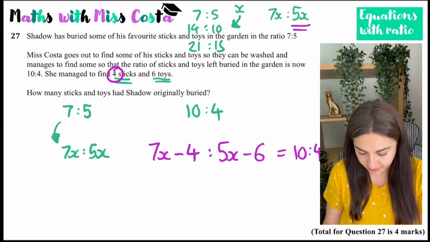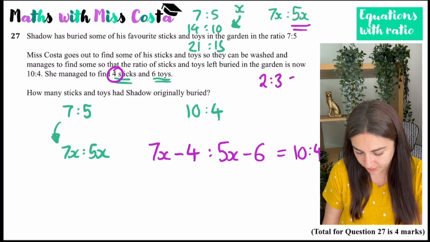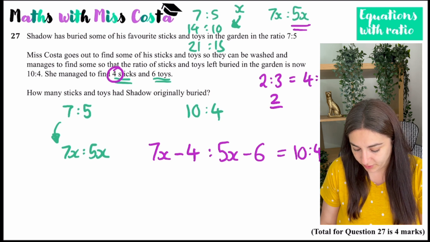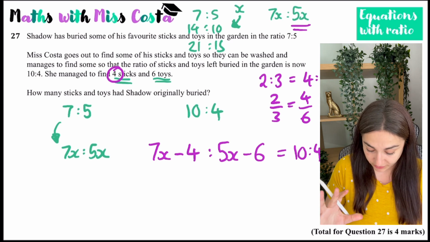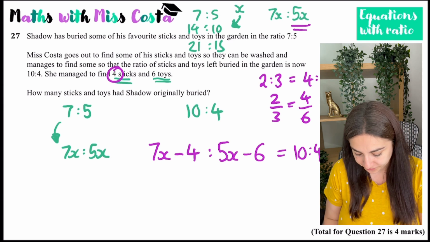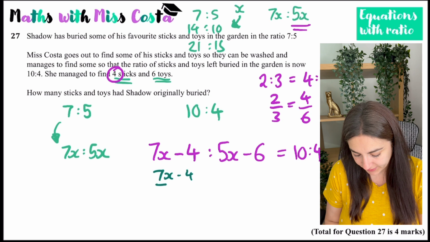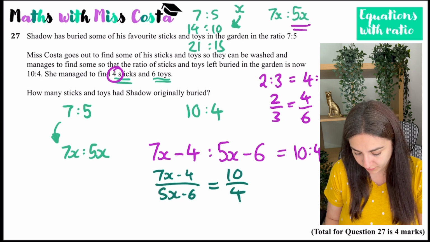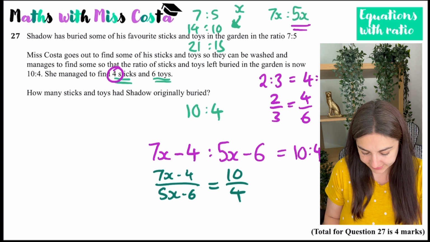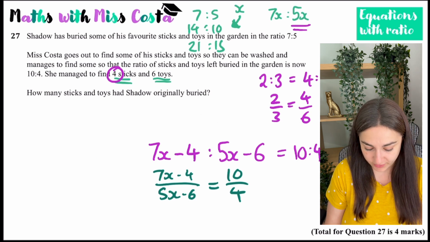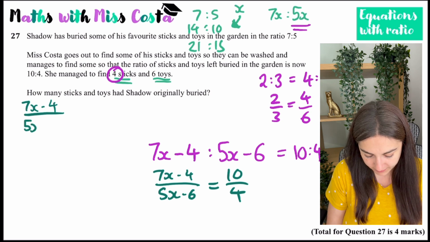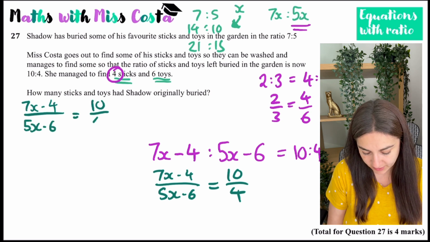Just like, if I said the ratio of 2 to 3 equals the ratio 4 to 6, I could write that as 2/3 equals 4/6. So I can write this equation as 7x minus 4 over 5x minus 6 must be equal to 10/4. I've then got a nice little equation that I can solve.